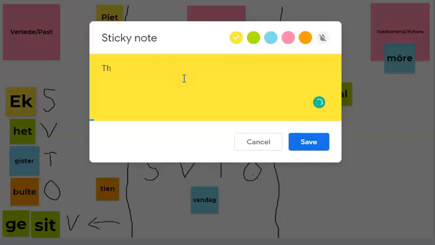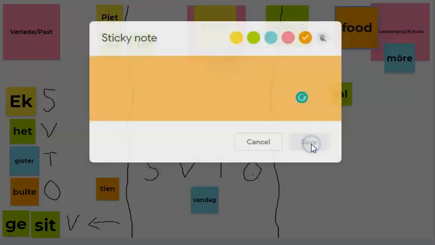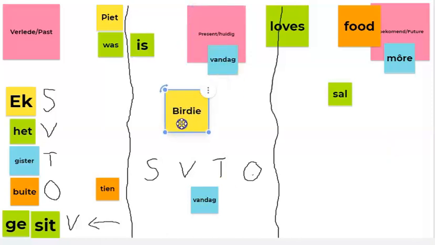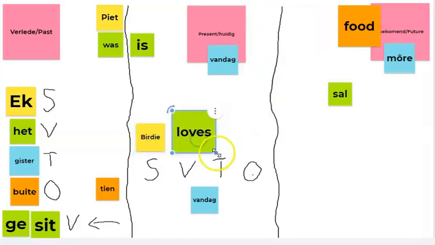Let's make it a short sentence. Birdie loves food. Hope you're not getting hungry now. All right, so here we have a sentence. The subject is birdie. The verb is loves.